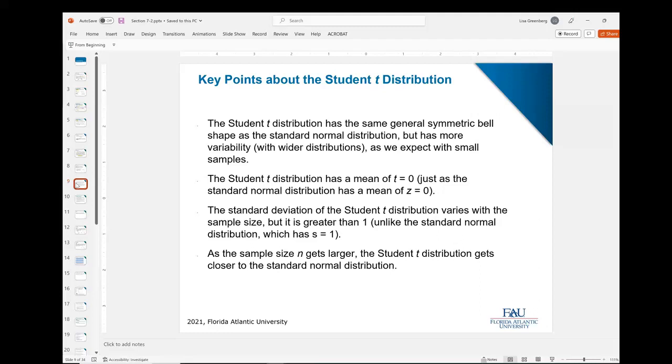Key points. The student t distribution has the same general symmetric bell shape as the standard normal distribution. We just saw that, but has more variability with wider distributions as we expect with small samples. So basically what that's saying is, because we don't really know a lot, we definitely don't know the standard deviation for the population, we're kind of estimating.